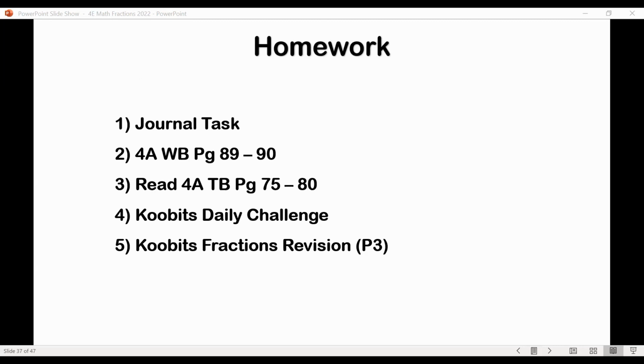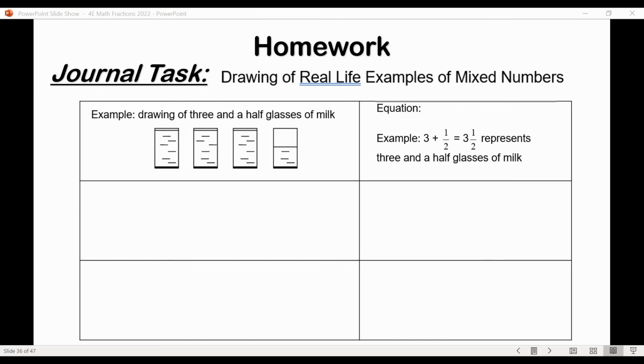The workbook, never mind, we'll do on Monday. The textbook, 75 to 80. The journal task is important. I want you to give me some ideas of your own, how you will see mixed numbers in your life. Is that okay? Okay, Ken?